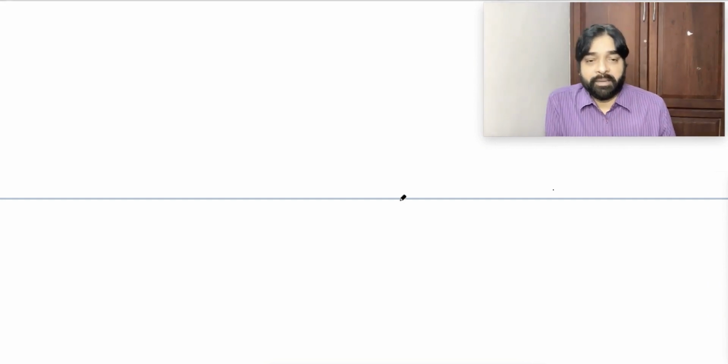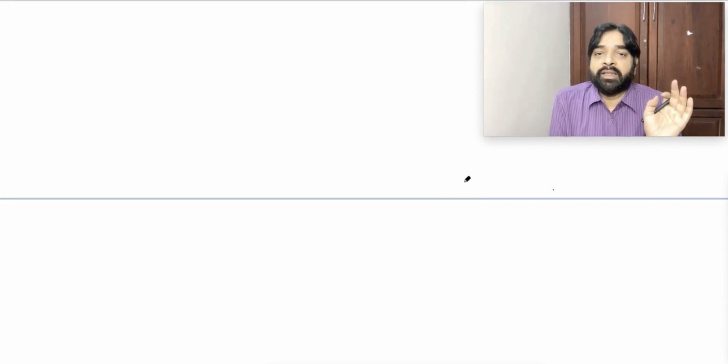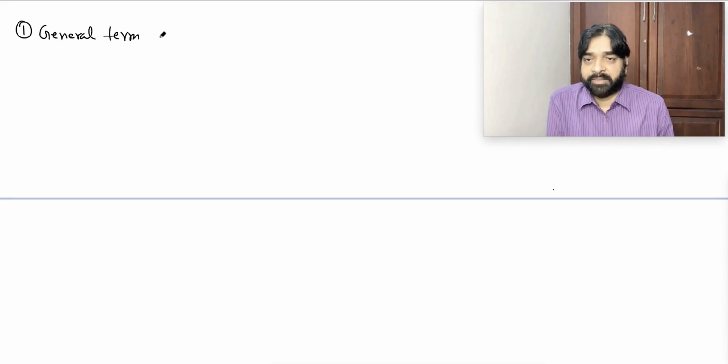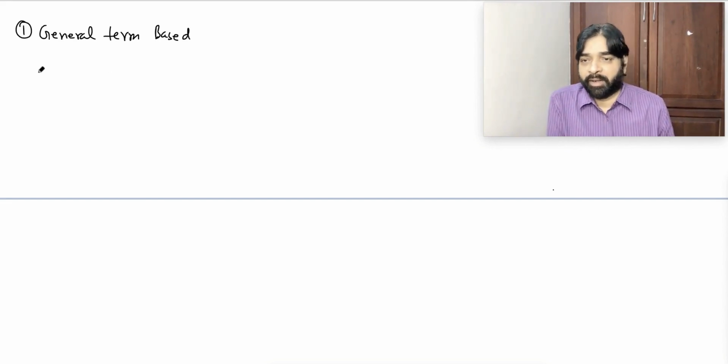Now in the binomial, what actually do we have to discuss? In binomial, there will be these types of problems. First one is the general term based type of problem, which we discussed slightly. Some portion we discussed, how to find out the general term and all.